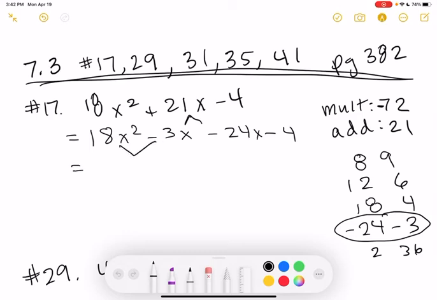So we have here, let's pull out a 3x. Okay, and then that's going to leave us with a 6x, because we're trying to get to 18x squared. So 3 times 6 is 18, x and x is x squared. And then the 3x to get to negative 3x would just be minus 1.